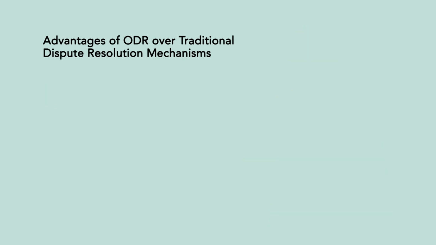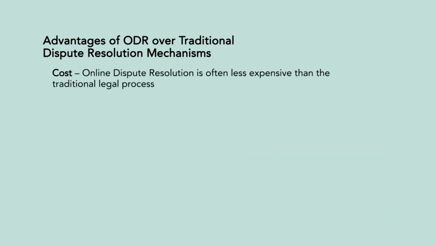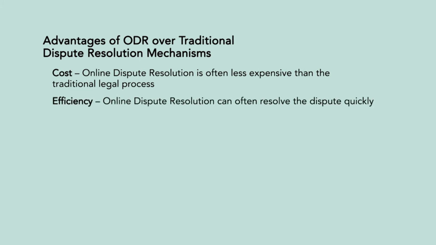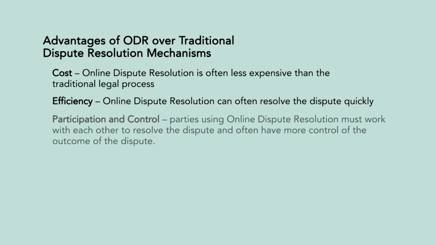Let's see how cost matters here. Online dispute resolution is often less expensive than the traditional legal process. Efficiency: online dispute resolution can often resolve the dispute quickly. Then the third point, participation and control: parties using online dispute resolution must work with each other to resolve the dispute and often have more control of the outcome of the dispute.